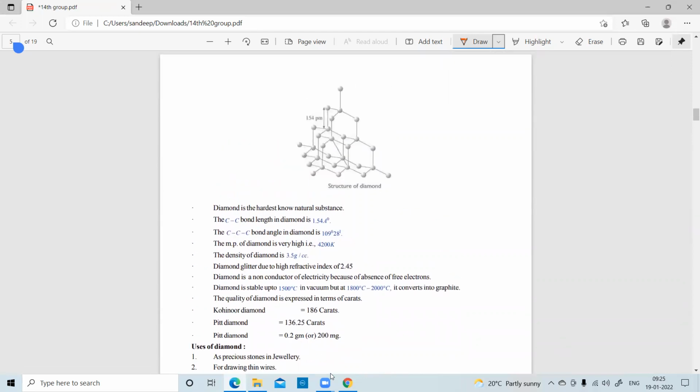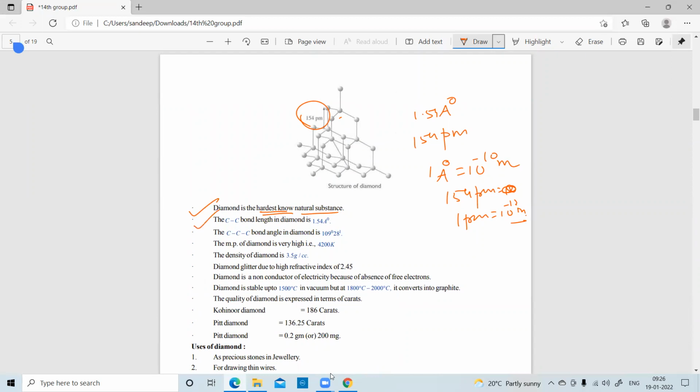This is the structure of diamond, a 3-dimensional structure with a carbon-carbon bond length of 1.54 angstrom, or 154 picometer. Keep in mind that 1 angstrom is 10 to the power minus 10 meter, and 1 picometer is 10 to the power minus 12 meters. These are conversion factors.